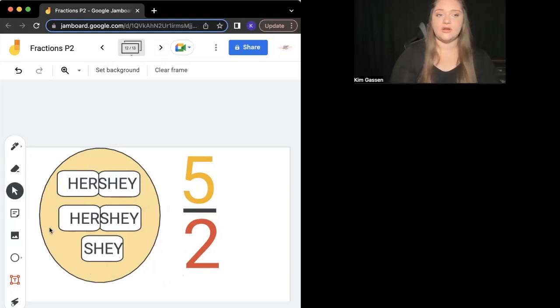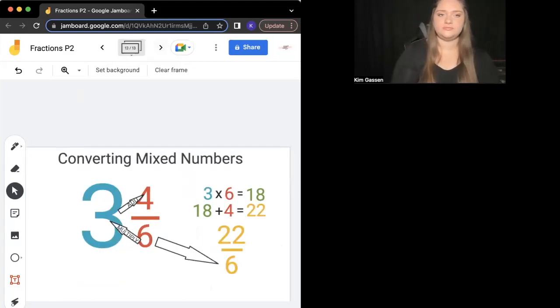So altogether, we have 5 half candy bars. Does that make sense? Any questions? Where does the denominator come from? This denominator just carries over from the denominator from our fraction in the first place. Okay? So let's do another one.